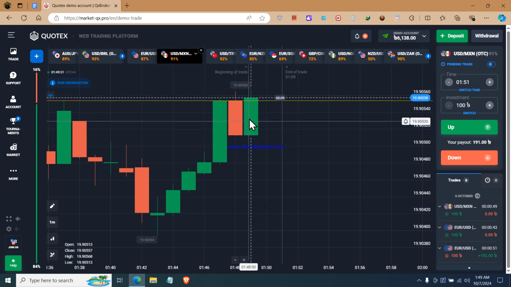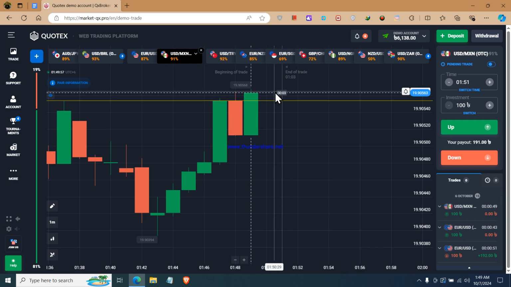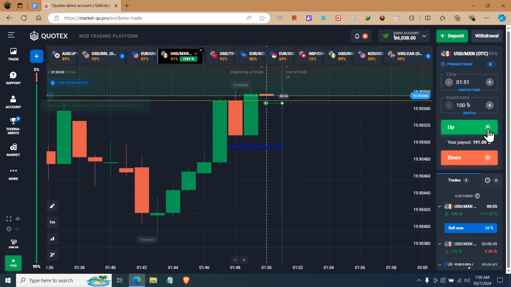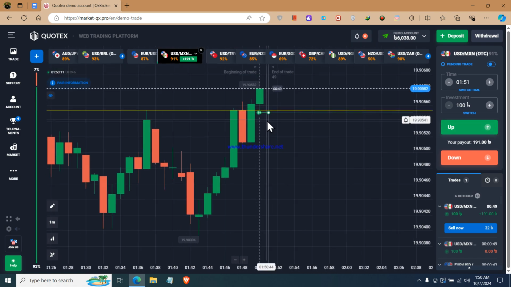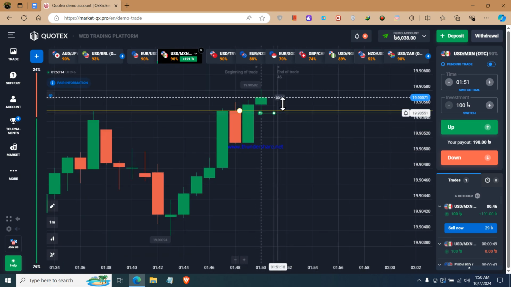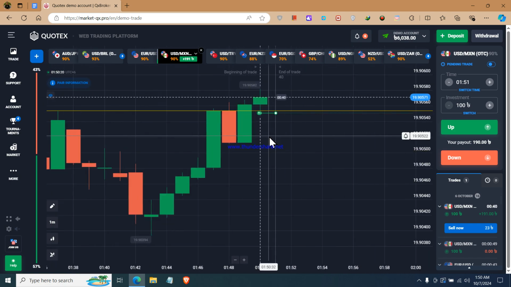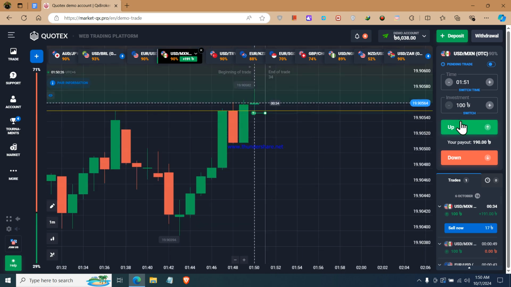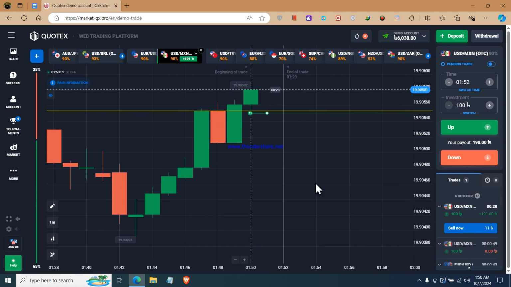The sellers are pushing it below this level, but buyers are recovering and trying to break this point, and they actually broke this point. I'm going to place my trade for call direction. I'm going to place another one as well because I saw the clean entry here. If it comes below this level again, I'm going to place my trade for call option. It did not come below the level.